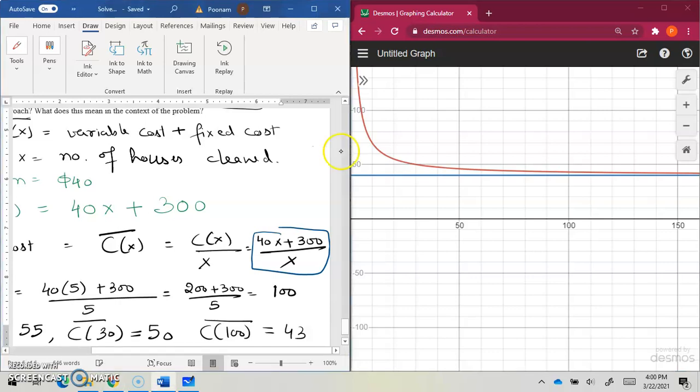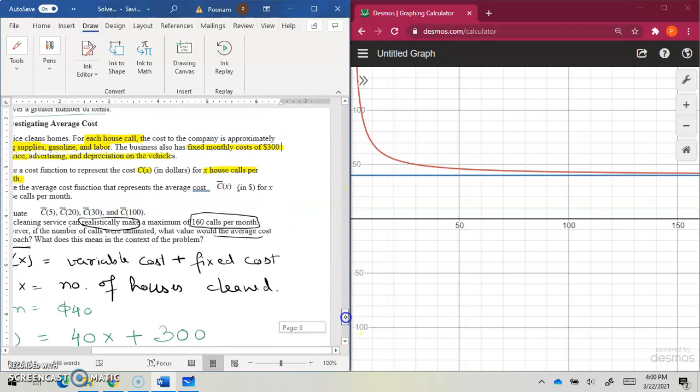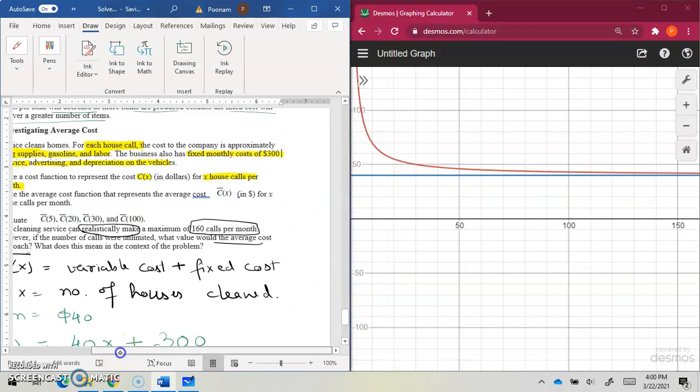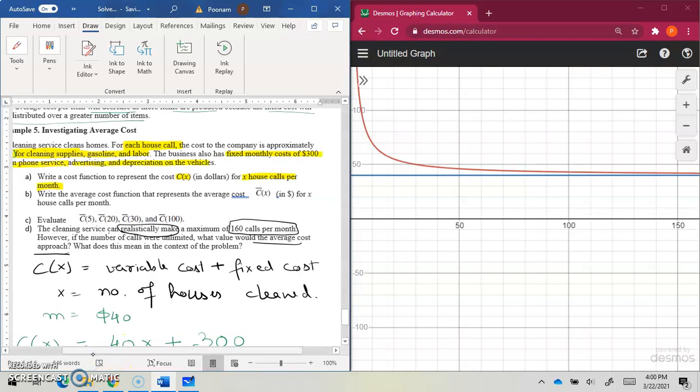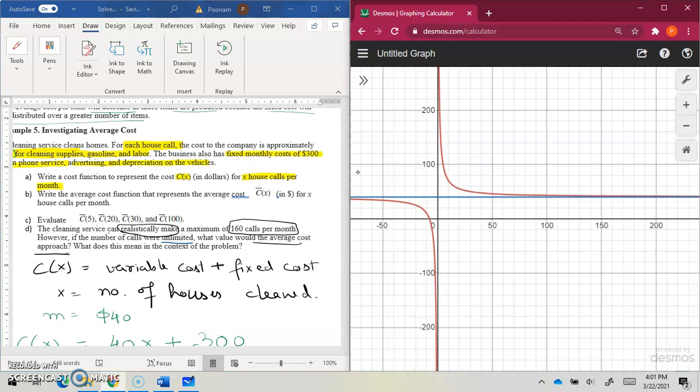So what we are trying to answer here is the application problem where it asked, however, if the number of house calls were unlimited, what value would the average cost approach? So the average cost is going down as we are increasing the number of houses. You notice once it is past 150, the cost is almost approaching 40.